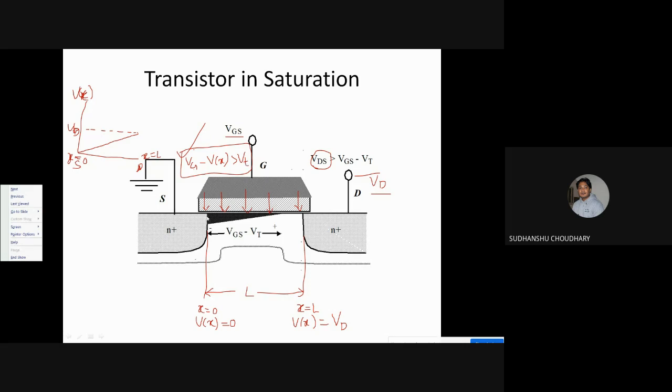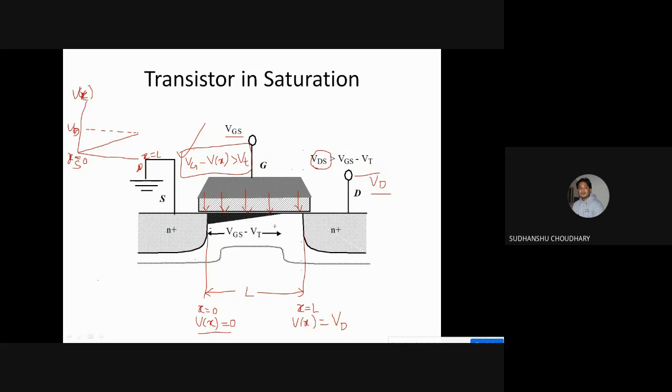So for example, Vg minus Vx at the source side, that is this side, would be how much? Since Vx is 0, Vg minus Vx is Vg, right? Vg minus Vx at this point is Vg.